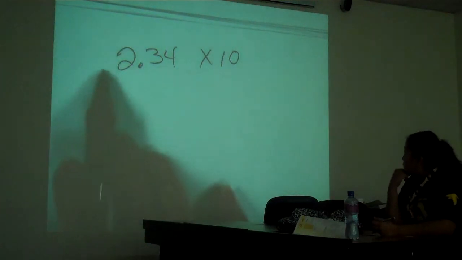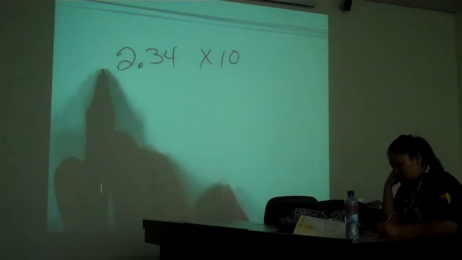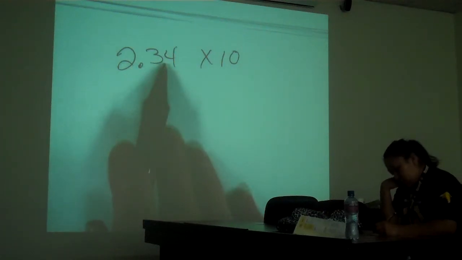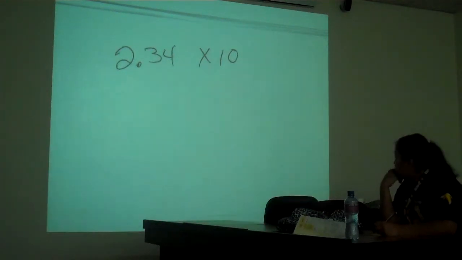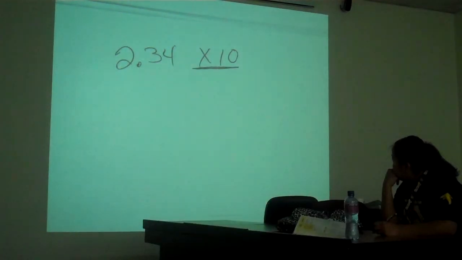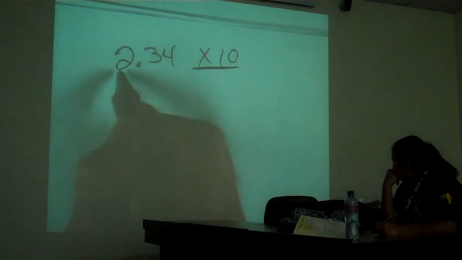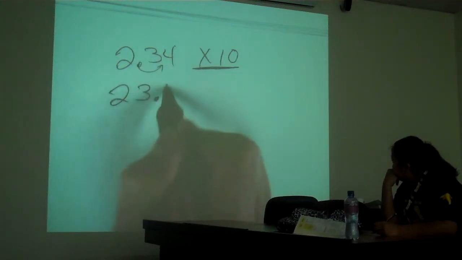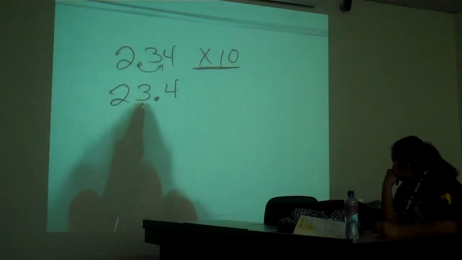Last time we moved it this way. What do you think it's going to do this time? It's going to go to the right. If you're multiplying it by 10, it's getting bigger, 10 times bigger. So if you moved it 1 time, it'll be 23.4. That looks like it's 10 times bigger, right?